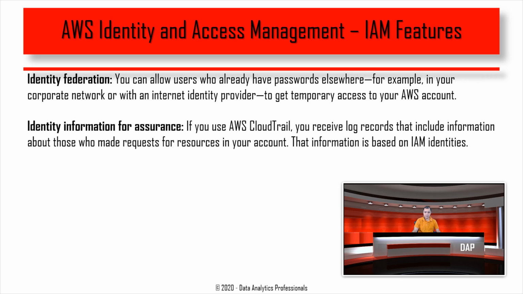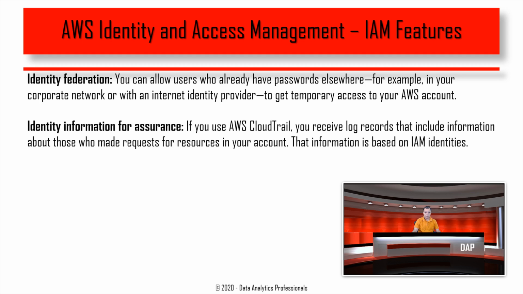Next in the list is identity federation. It's simple: with this you can allow users who already have passwords elsewhere, for example in your corporate network or with an internet identity provider, to get temporary access to your AWS account.